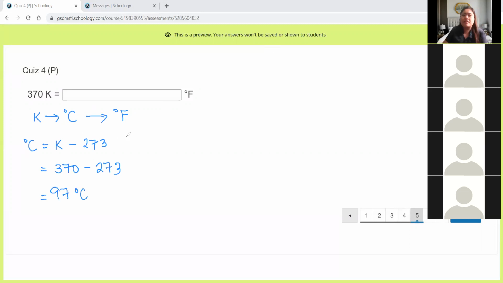There, 97 degrees Celsius. Then, now that we have Celsius, what do we convert to? Fahrenheit. So degrees Fahrenheit is equal to 9/5 times degrees Celsius plus 32.